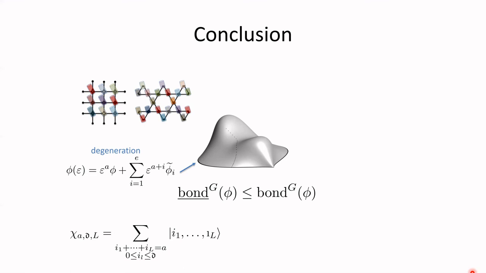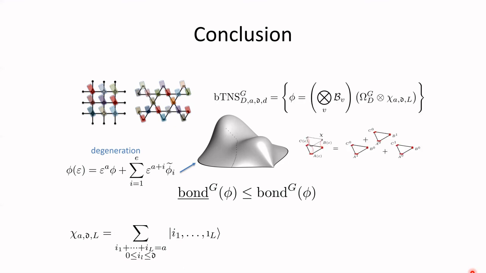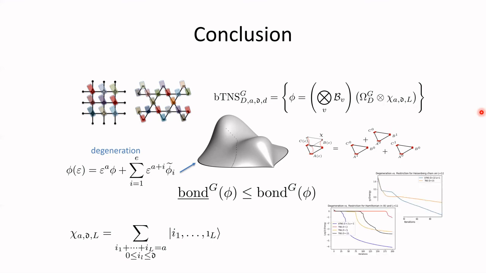Then we used this insight and the degenerations in order to write down a new ansatz class for boundary tensor network states given by local linear maps applied to the normal network of maximally entangled states, supplemented by these W states here in order to get exact representations of boundary states. And then in the last part of the talk, I showed you how to optimize in this class and showed you some first numerical results.